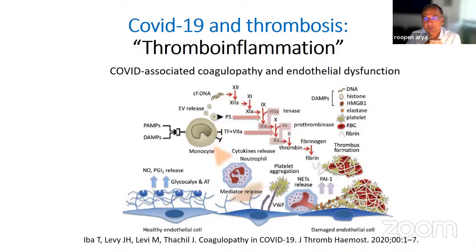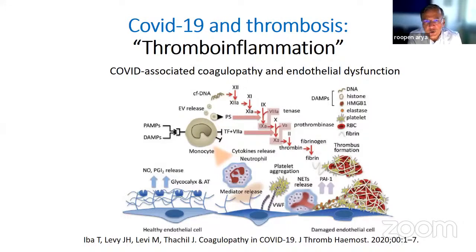I suppose we had previously encountered this in some cancer-associated thrombosis and also in antiphospholipid syndrome. And it was a combination of COVID-associated coagulopathy as well as endothelial dysfunction.